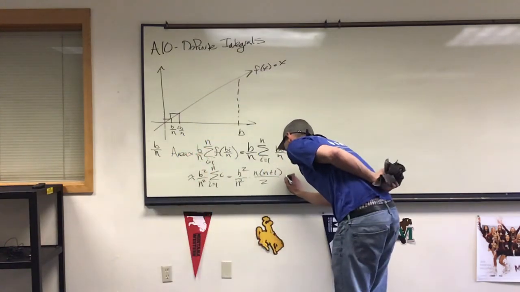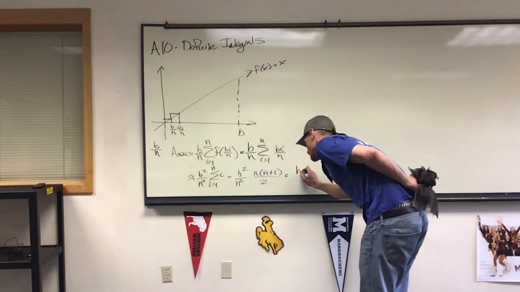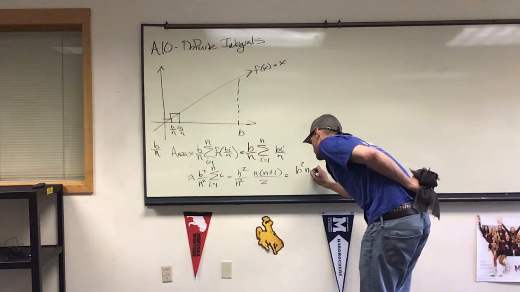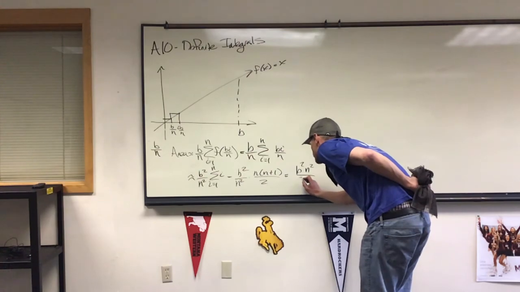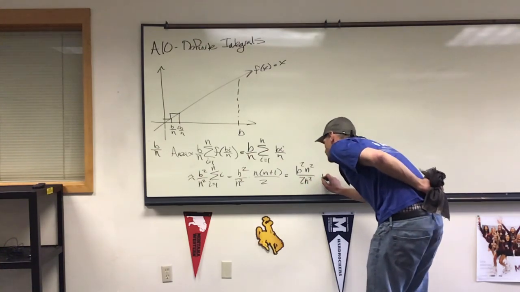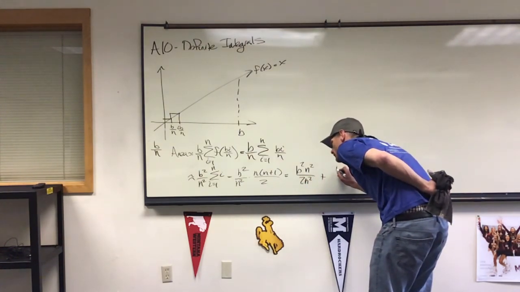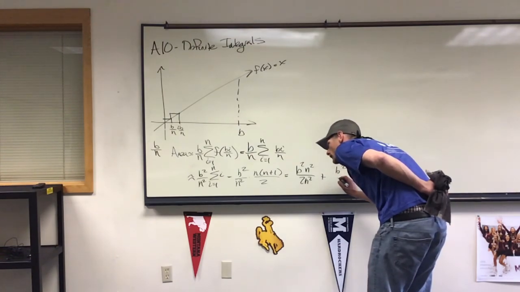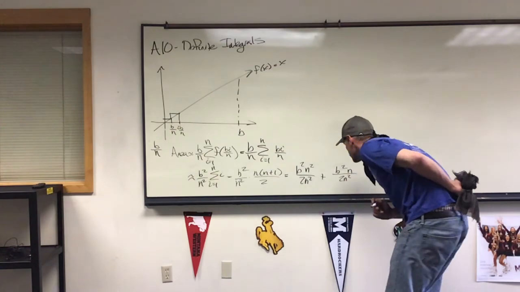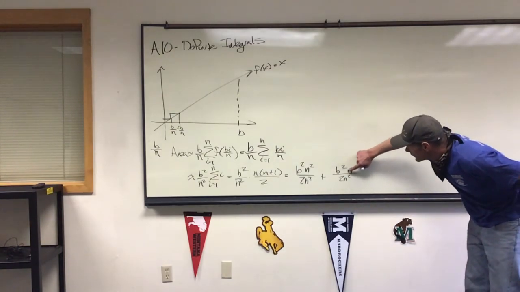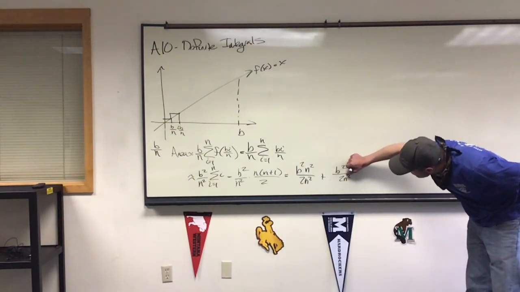And then we can write that as b squared n squared over 2n squared plus b squared n over 2n squared. And right here you can see that these n's are going to cancel with themselves.